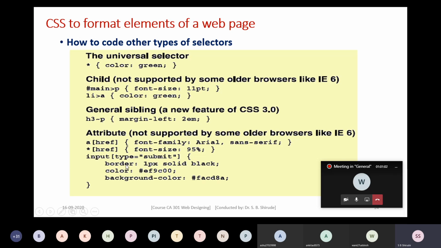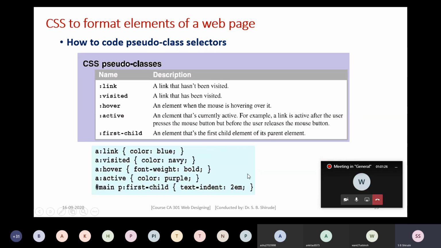So that button border will be of 1 pixel size, solid in nature, and black in color. But the background color of that button will be this. Like this, you can select the attribute and code them in the CSS. Okay. So this way we can code the different types of selectors.